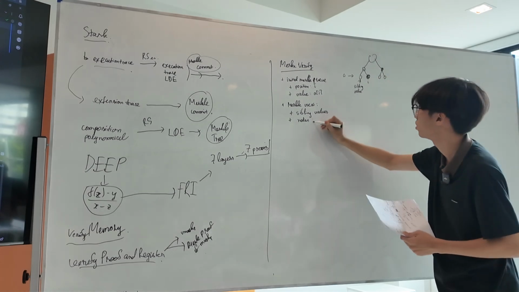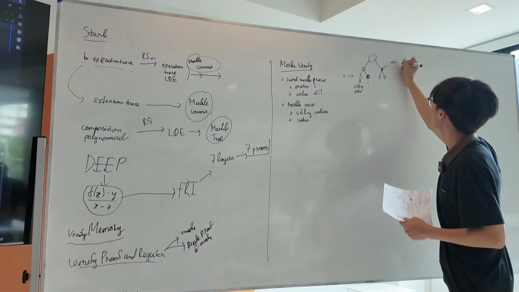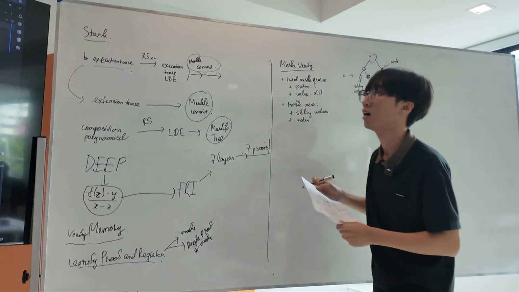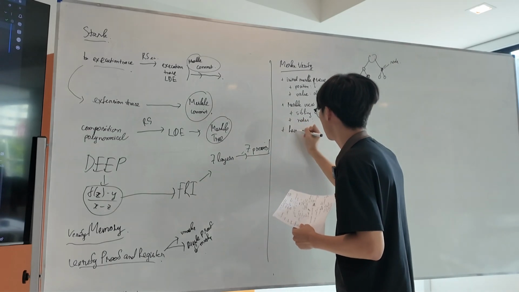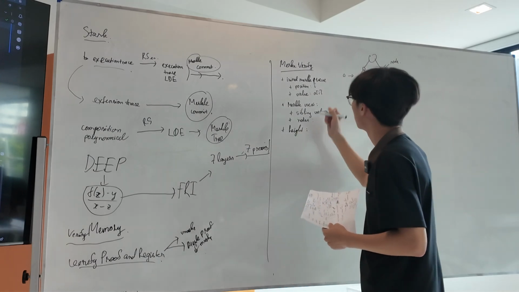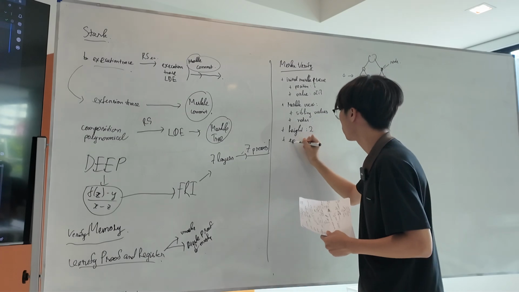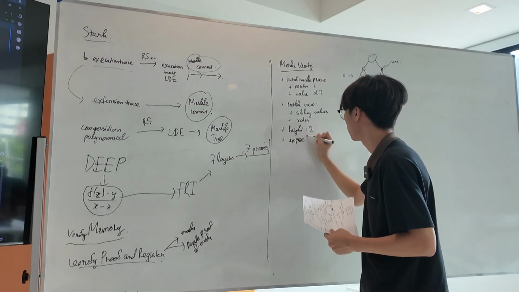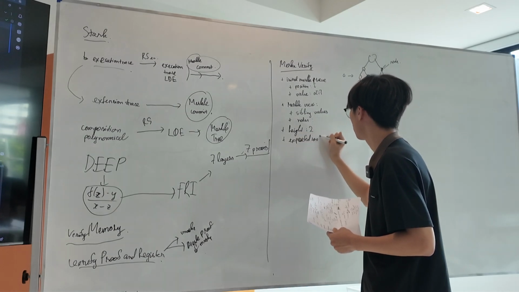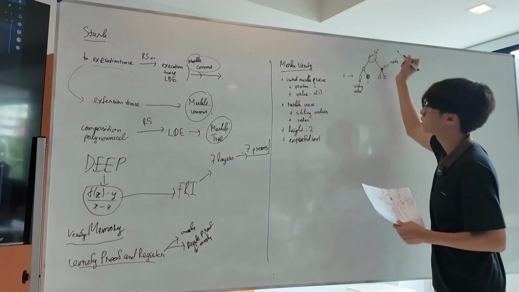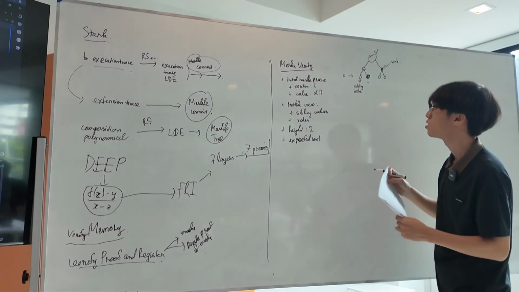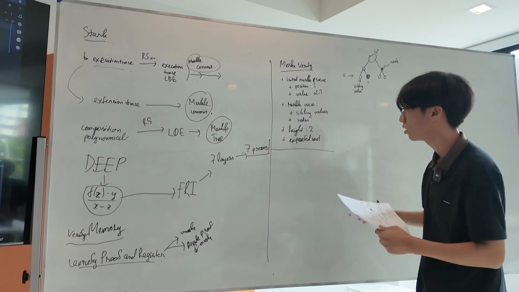So it's a node. And also the height of the Merkle tree. So here it is 2, and finally is the expected root. This one is the expected root. Yeah.